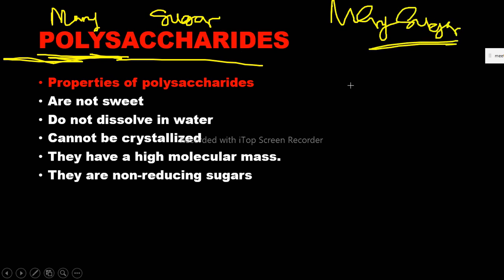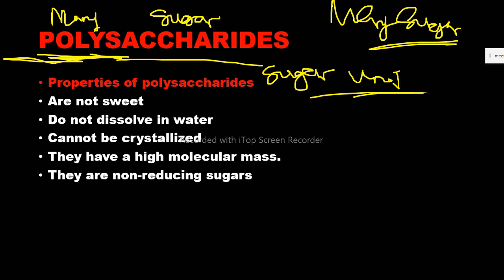These are carbohydrates that are made up of very many sugar units in a repetitive condensation reaction. It's just a repetitive chain. They condense together to form a long chain of carbohydrate with many sugar units. So it's as simple as that.